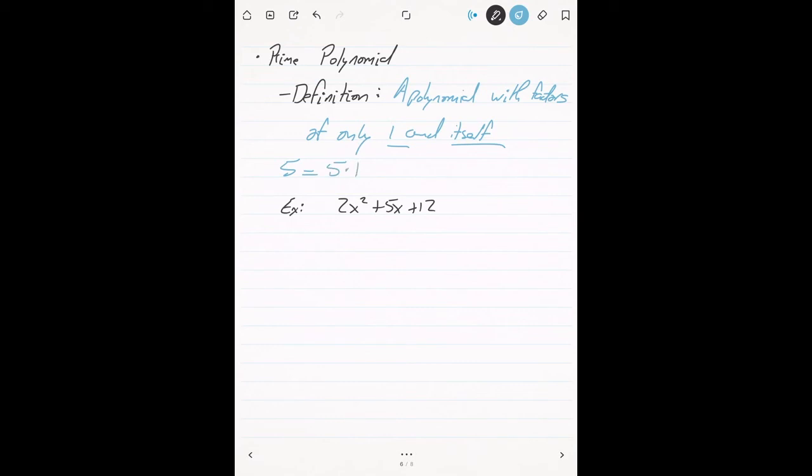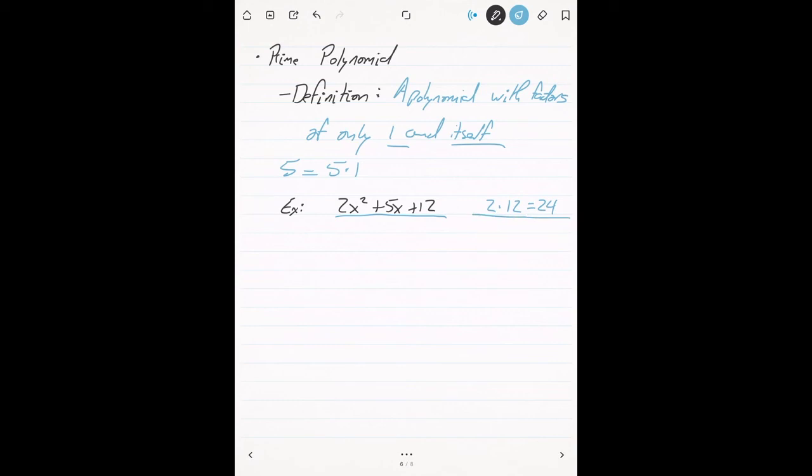So let's try to see how that applies to working with polynomials. Here we have a trinomial, 2x squared plus 5x plus 12. Let's factor this down using the AC method, and let's see if we can interpret our answer. So in this problem, a is 2 and c is 12. So we get 24.